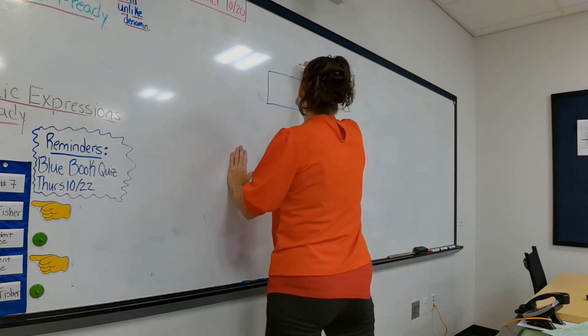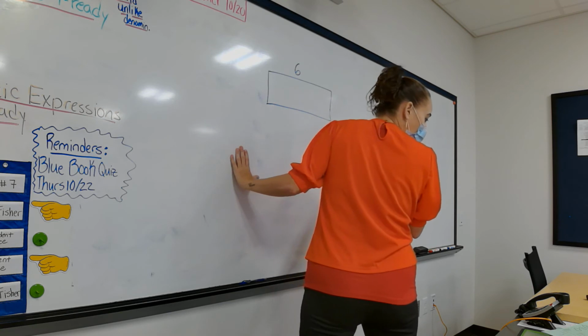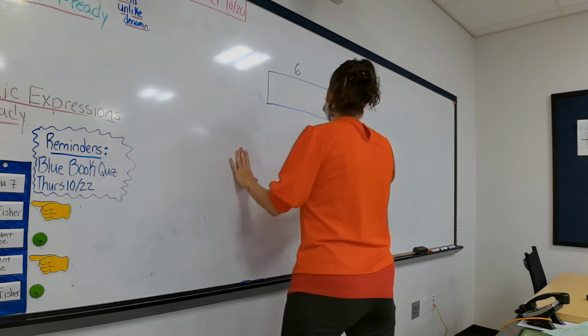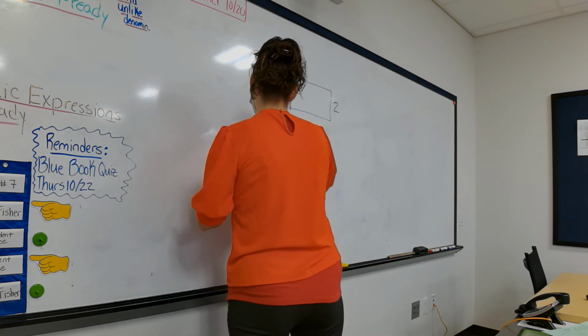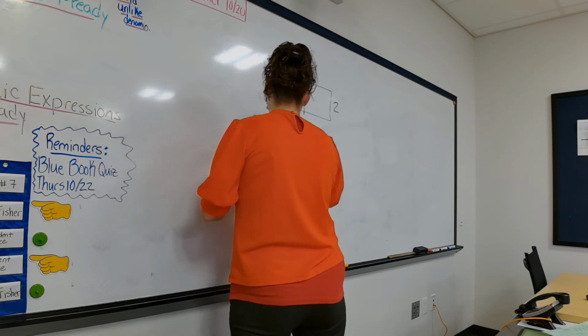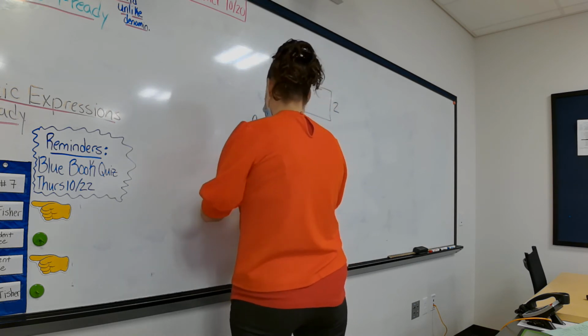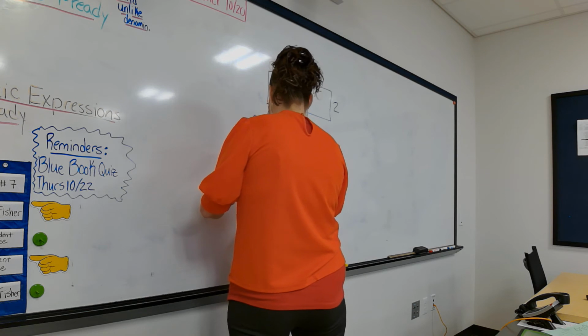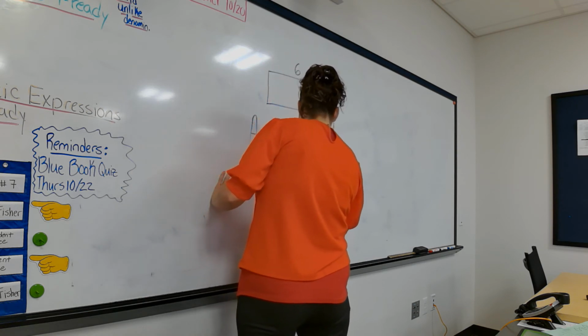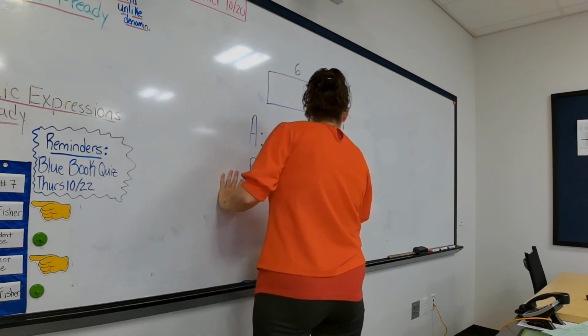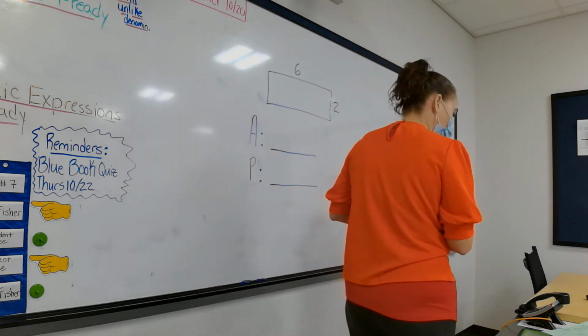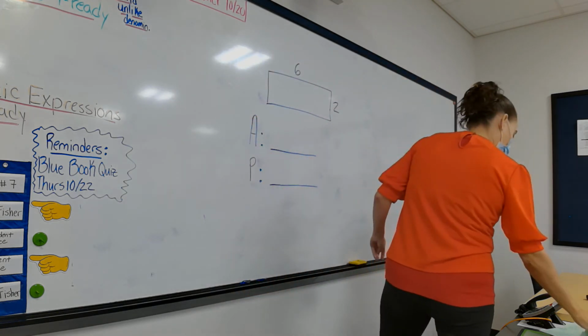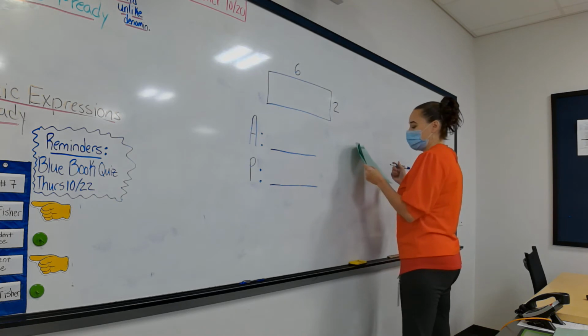So this would have been 6, and this would have been 2. And they ask you what's the area and what's the perimeter. So I'll give you a couple minutes to figure that one out, but that should be really easy. The next one's going to be the tricky one.